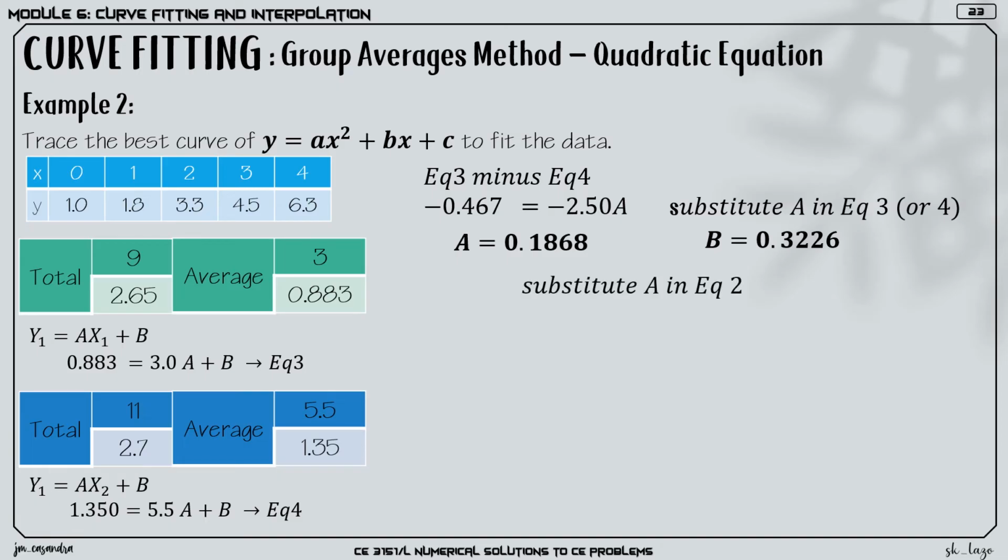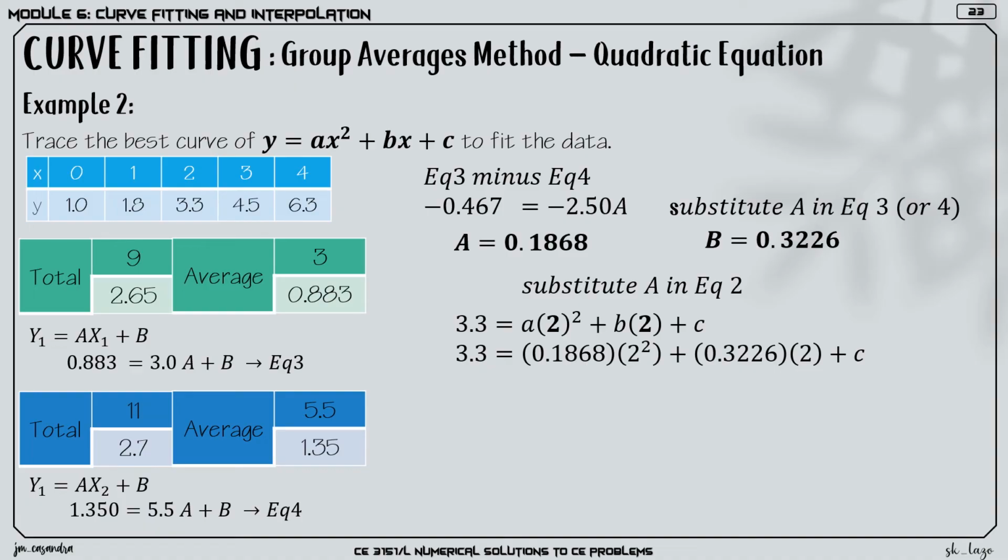Then we substitute a and b in equation 2. So we get 3.3 equal to 0.1868 times 2 squared plus 0.3226 times 2 plus c, giving us a value of c equal to 1.9076.